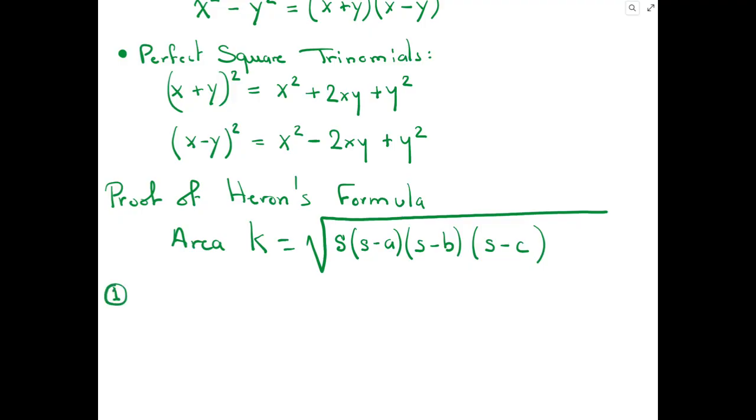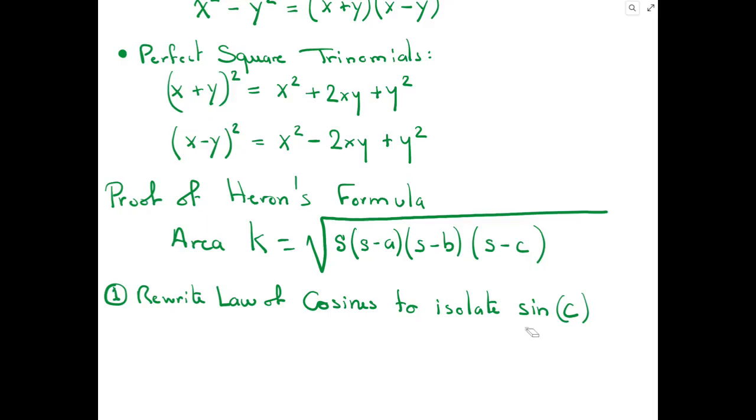We're going to rewrite the law of cosine to isolate the cosine of our angle C. Law of cosine does not have a sine in it.